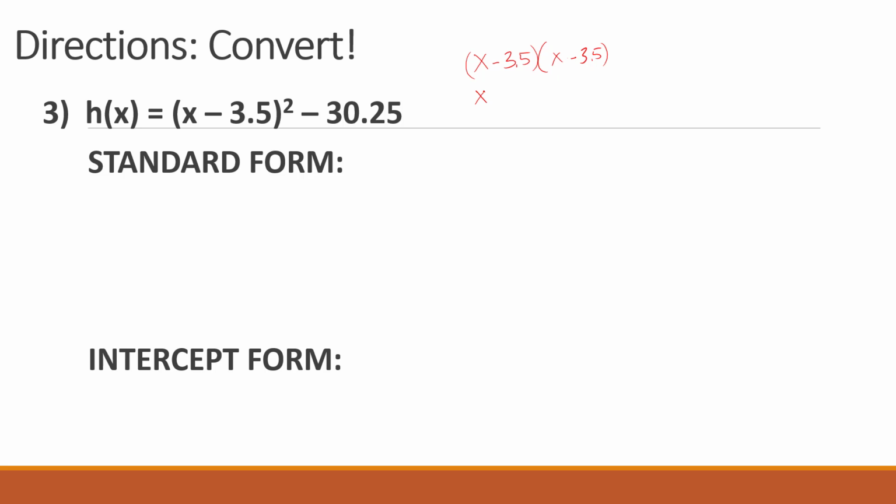So that's going to give me X squared minus 3.5X minus 3.5X. And then we want to know 3.5 times 3.5, which gives me 12.25.